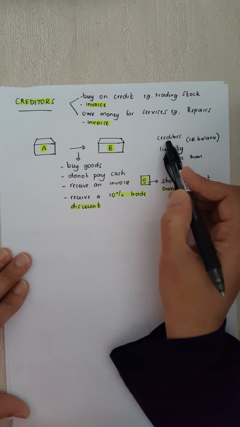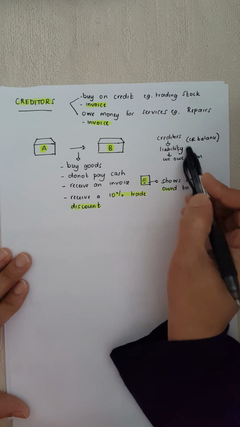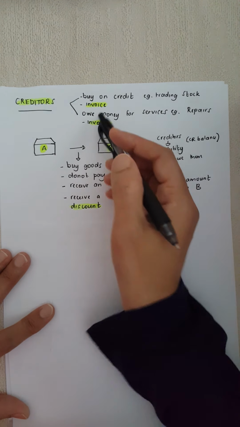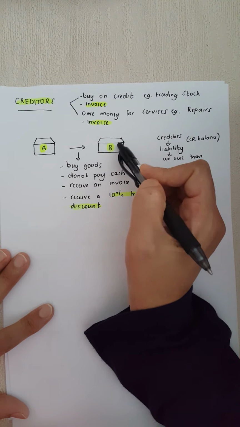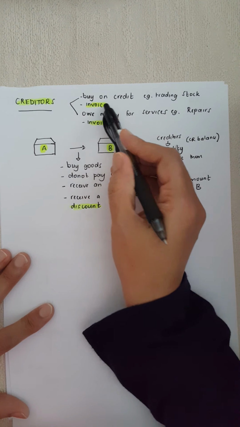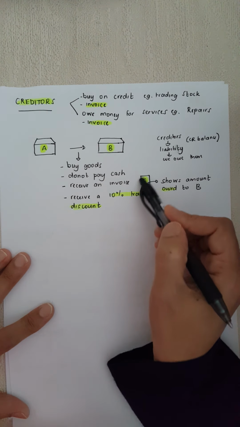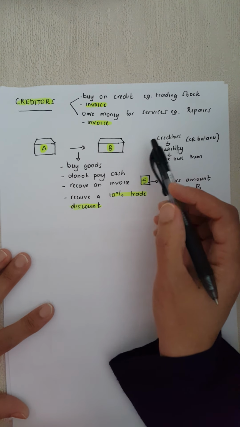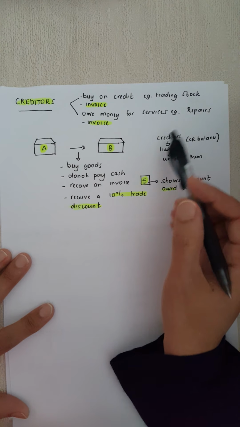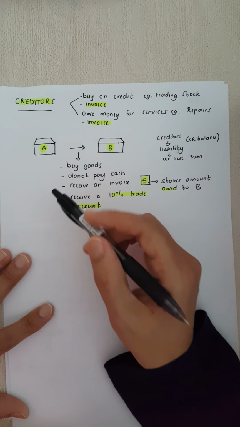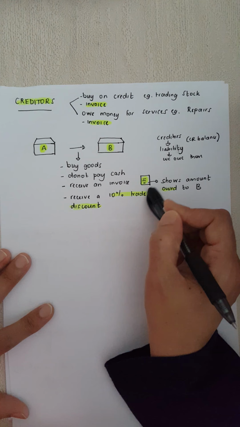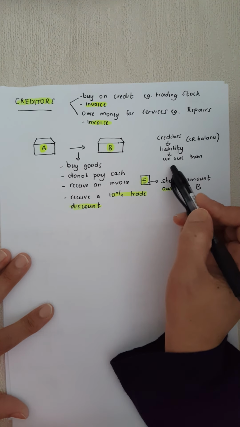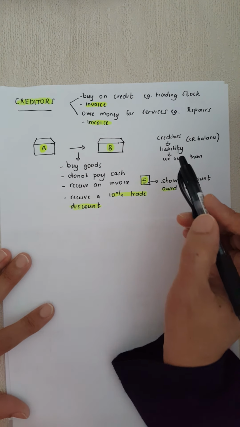You all know that creditors have a credit balance because it's recorded as a liability, and we'll go through the entries now. For example, if we're buying trading stock on credit from B, they're going to give us an invoice, then we owe them the money and we record them as a creditor. Or if B provides a service for us, for example they do some repairs to our business and we haven't paid them the money, they give us an invoice, we owe them the money and we record it as a creditor, so it becomes a liability in our business.